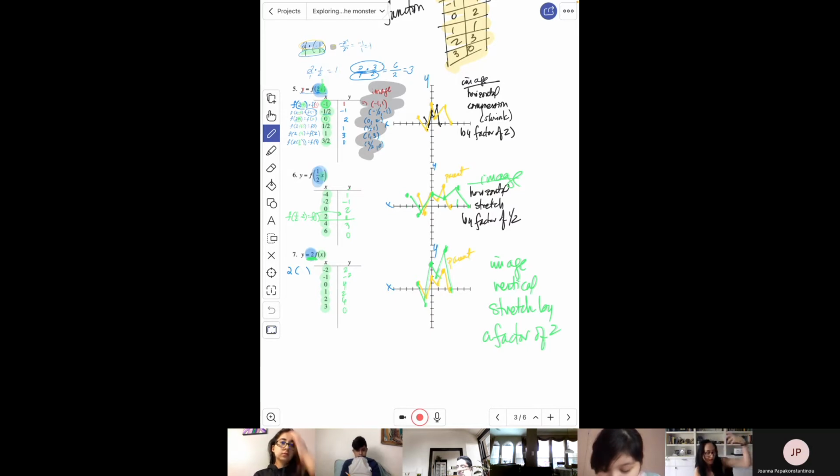So that little 2 on the outside is impacting the y. It's 2 times the y values. So the y values are twice the value of the original parent. Good. Excellent. Shall we move on to the next page?